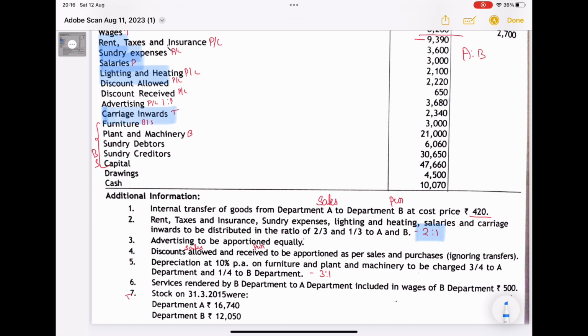These things have to be apportioned in the ratio of 2:1. Advertisement has to be apportioned equally, so the major things are done here.